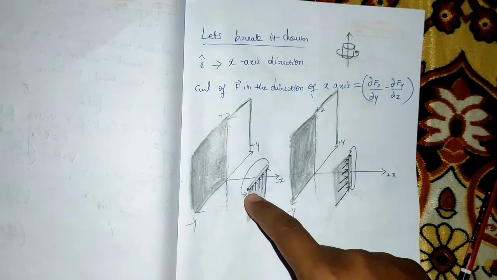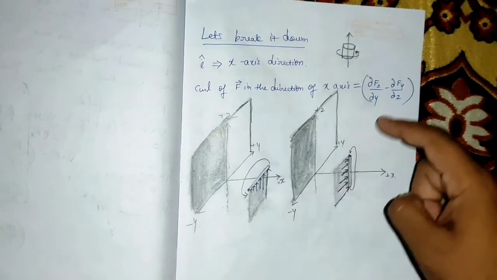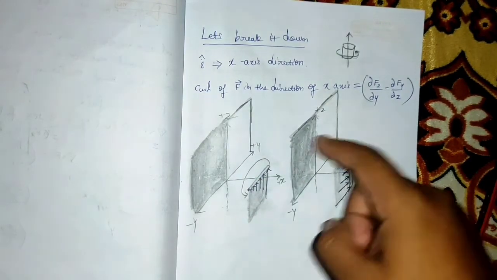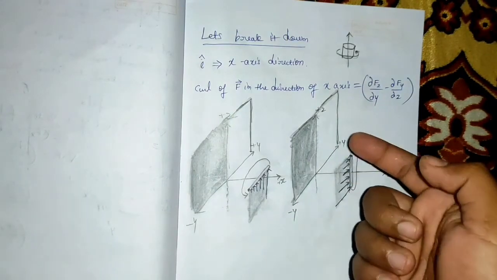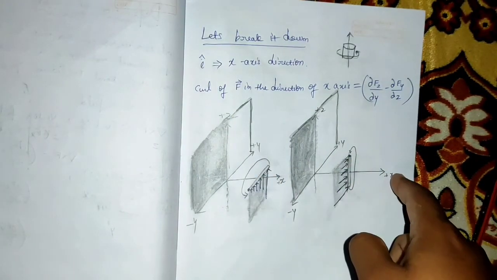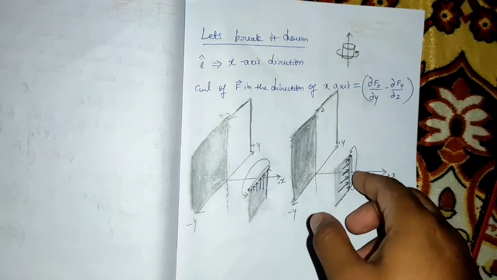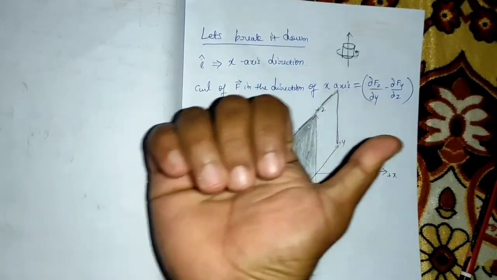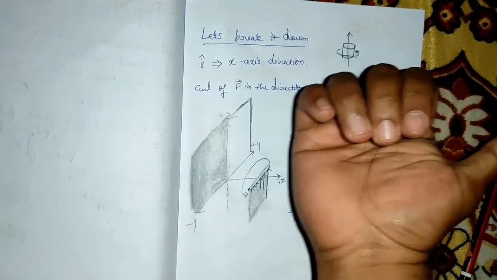When it comes to the same position, because of this gradient, again it will come to this position, and because of this gradient it will again come to this position. Like that, there will be a rotation. Since the axis of this rotation is the x-axis, we say the direction of curl is along the x-axis. Use the right hand rule. If the rotation is like this, then the direction is towards my right side, or your right side.